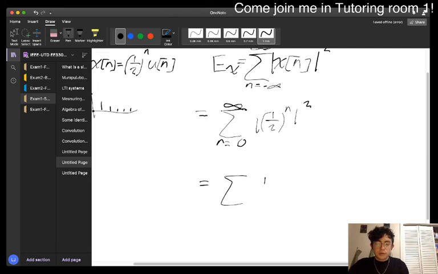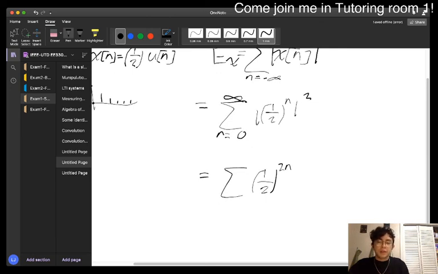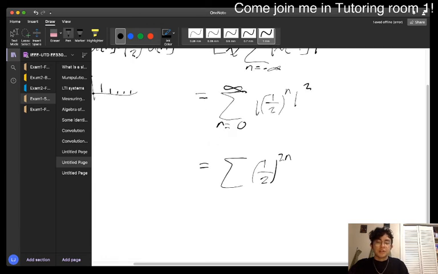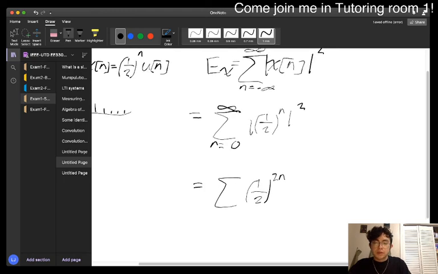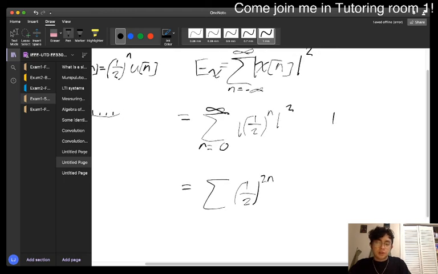So this is 1/2 to the 2n, because the square of an absolute value is always going to be the square of the argument. So this comes from x times x, squared.